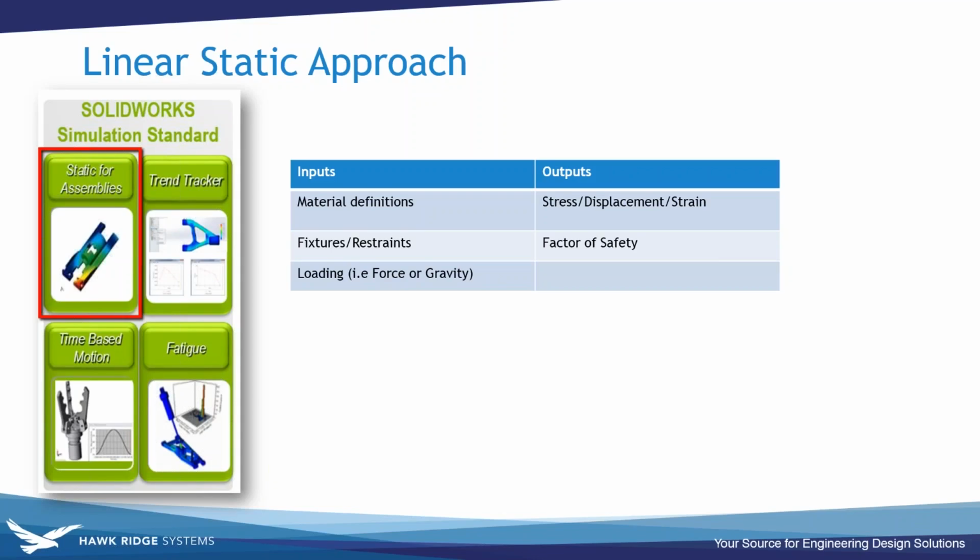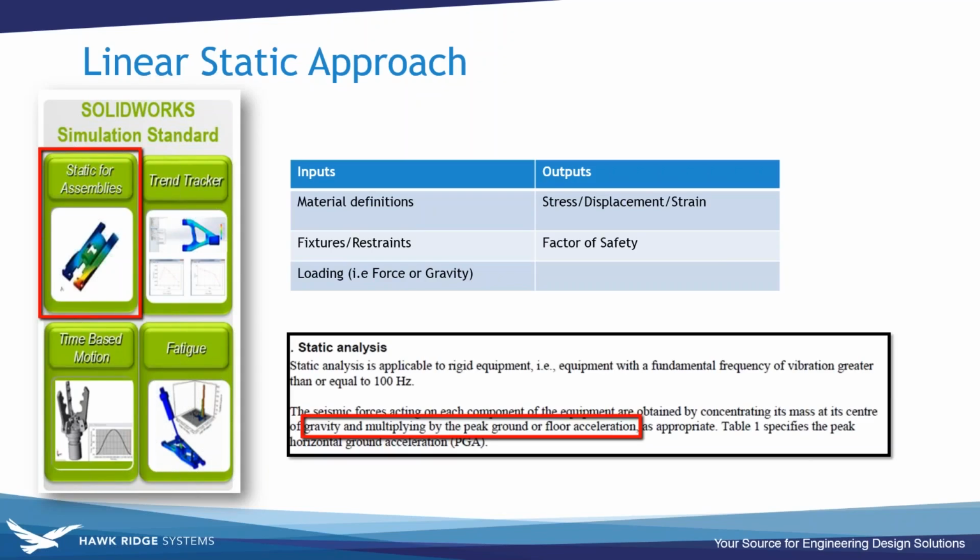So when we try to meet some sort of standard, or apply some sort of acceleration load that it might be experiencing, we can ultimately define it by applying gravity and possibly multiplying it by some sort of large number.